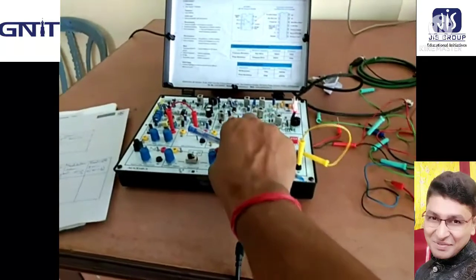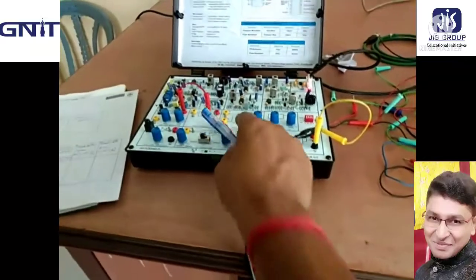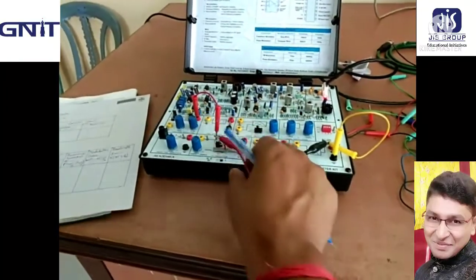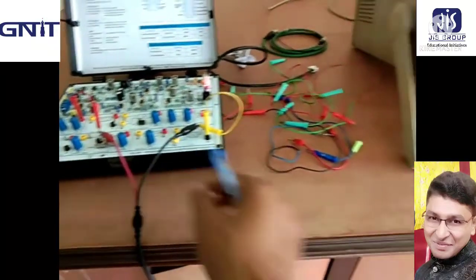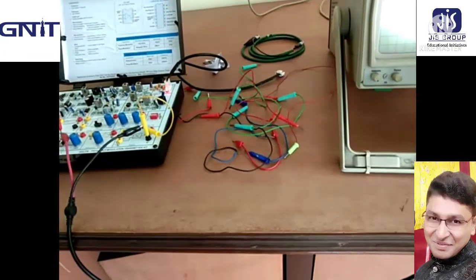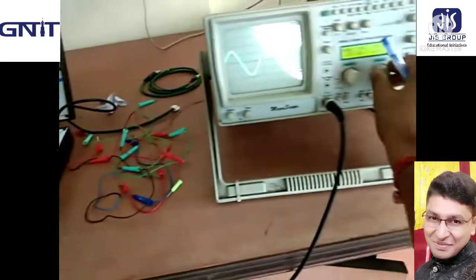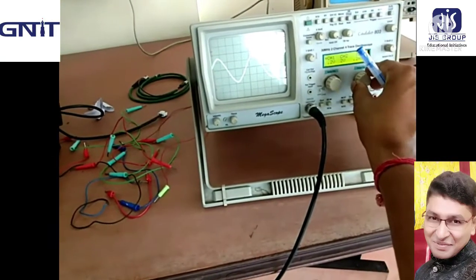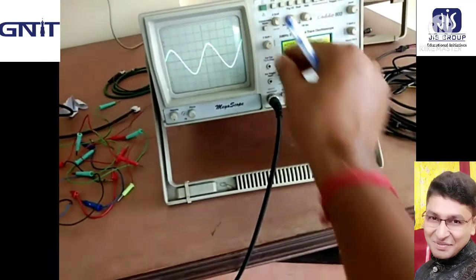Now measure the input signal or message signal. Connect the message signal to the red probe and black is ground. This is our message signal.